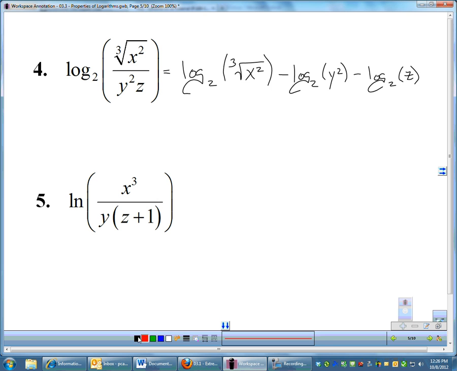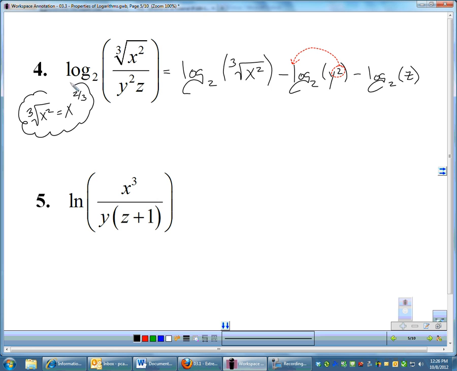Then I have to take care of the exponents. Well, the easy exponent is going to be my y squared. That 2 is going to come down like this. The one that's not so easy is the cubed root of x squared. So we're going to have to think a little bit about the cubed root of x squared. If you can remember, that's the same thing as x to the 2/3 power.